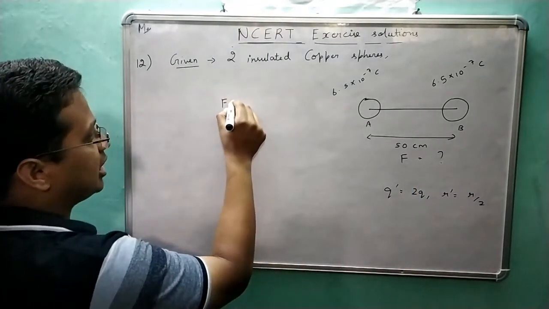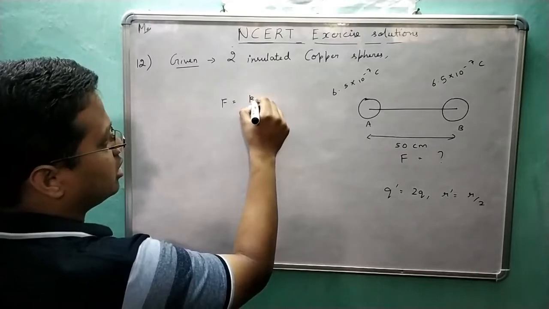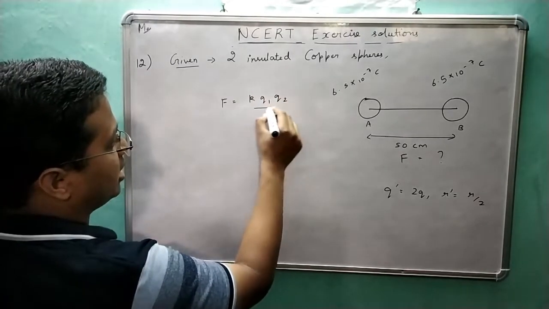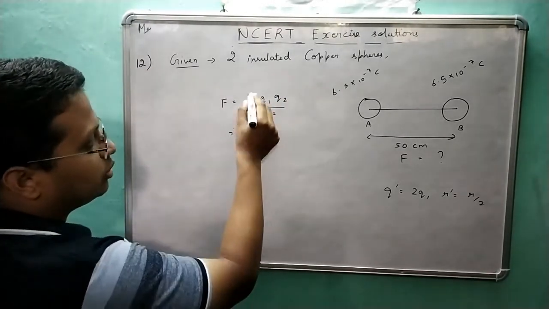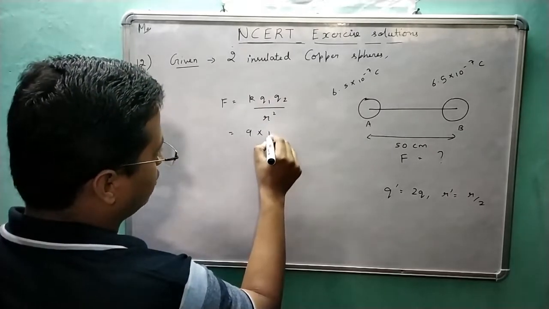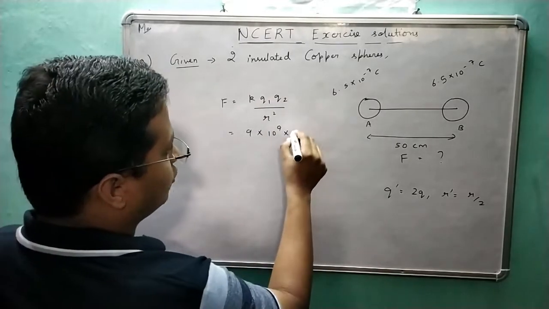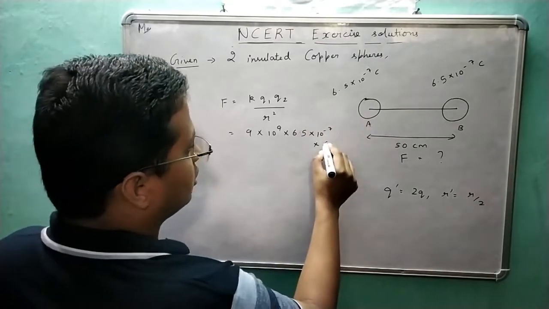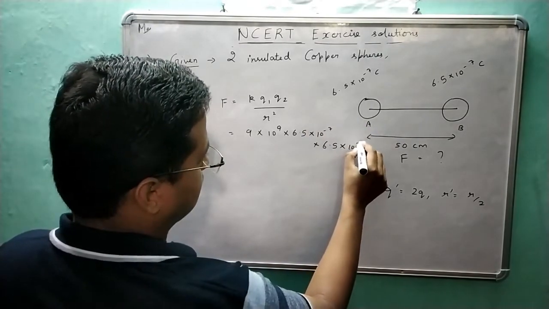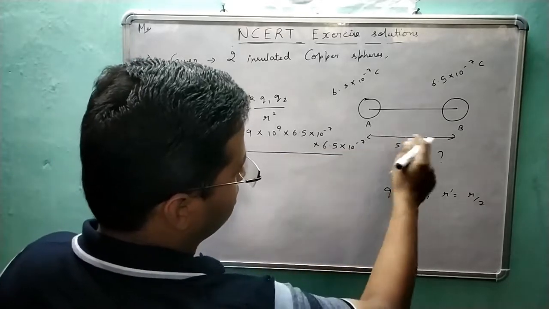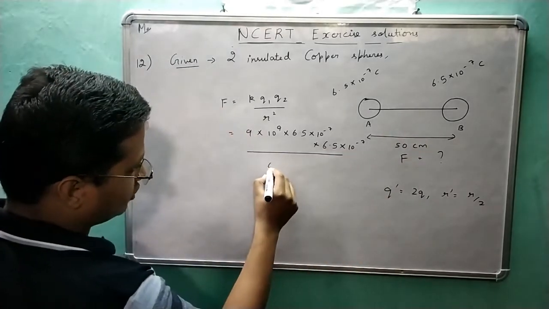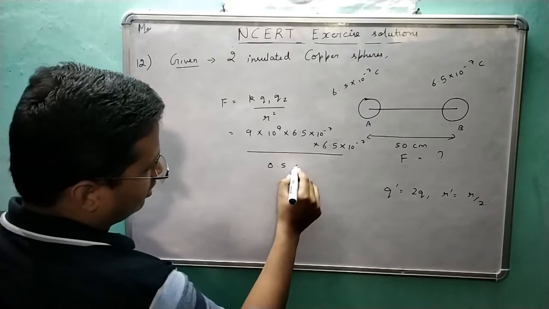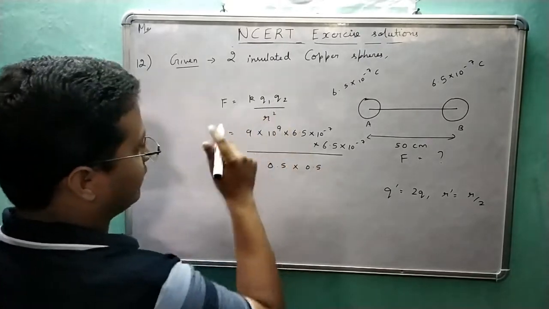So very easy, applying Coulomb's law, F is K Q1 Q2 by R square. The value of K in air is 9 into 10 to the power 9. Q1 is 6.5 into 10 to the power minus 7. Q2 is also the same. And the distance between them is 50 centimeters, so that's 0.5 meter into 0.5 because we have a square.